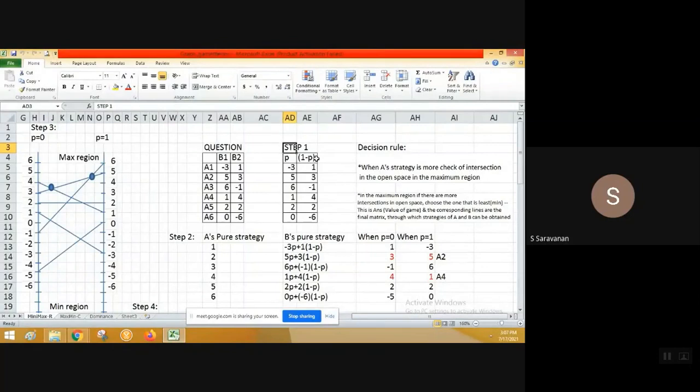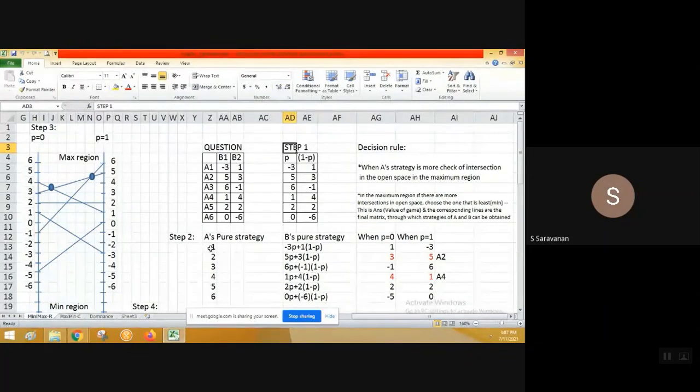Nothing else changes in step 1. Step 1 is just renaming the strategies of B from B1 and B2 to P and 1 minus P so that we can frame an equation easily.